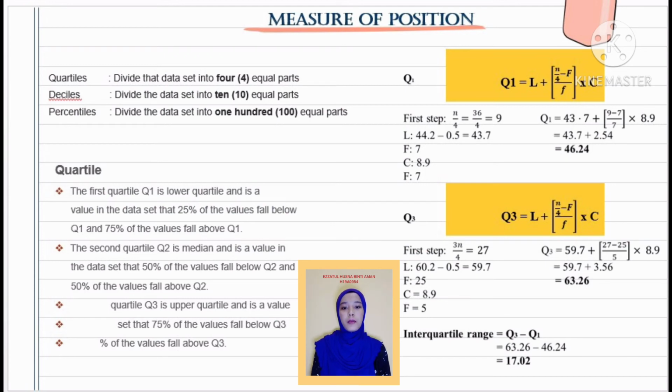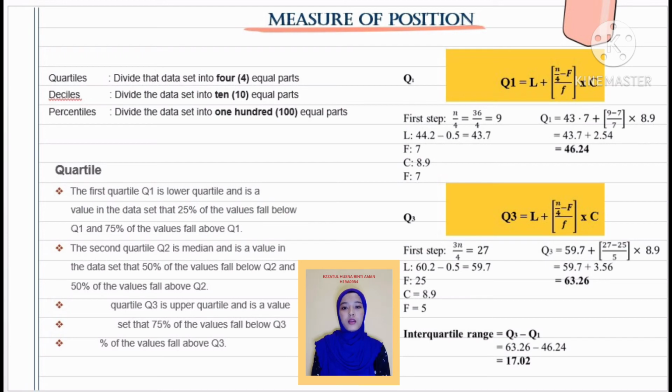For the first step, n divided by 4 equals 36 divided by 4 equals 9. L, the lower boundary of the class interval, is 44.2 minus 0.5 equals 43.7. F, the frequency for the class before, is 7.